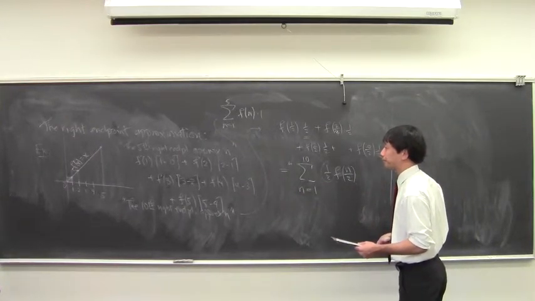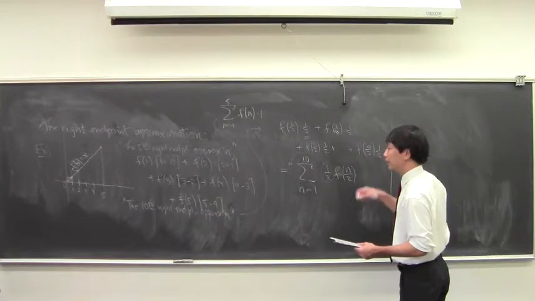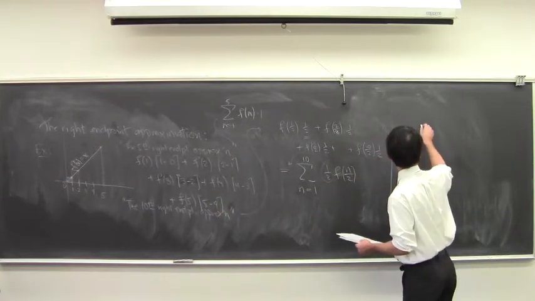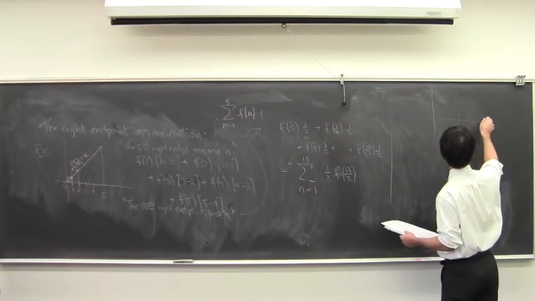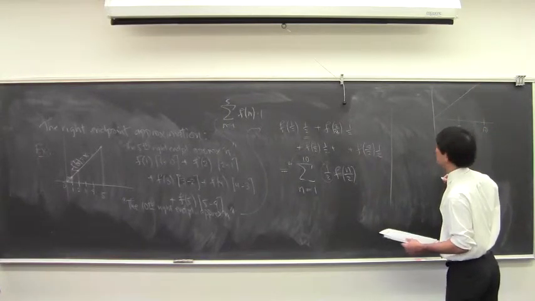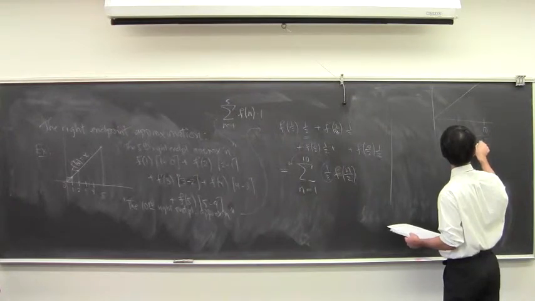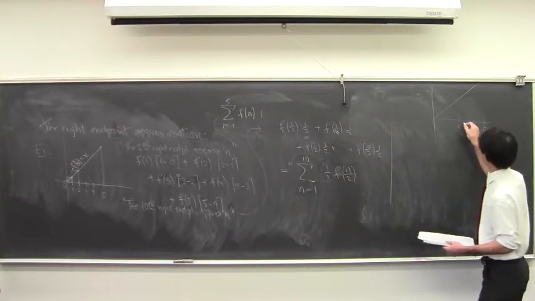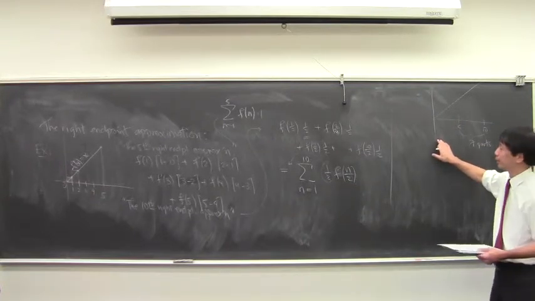Now suppose we're going from 5 to 10, and we're dividing this thing into seven parts.